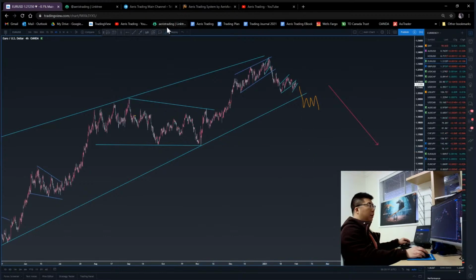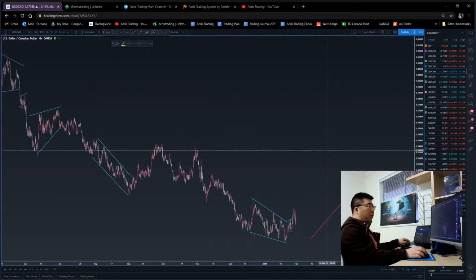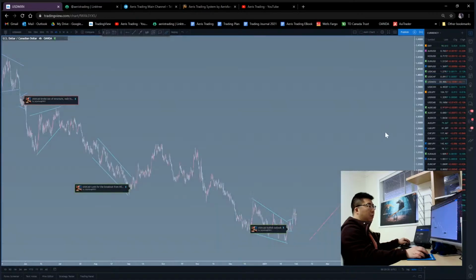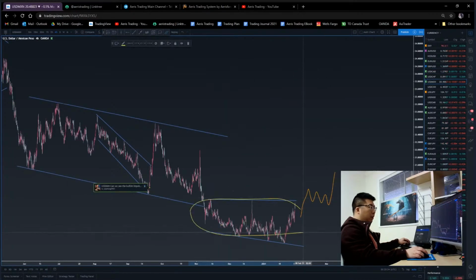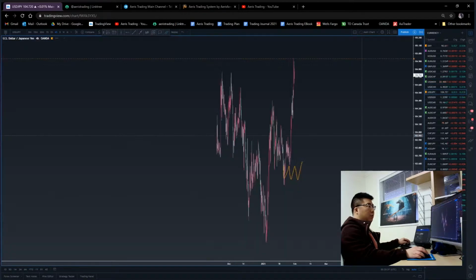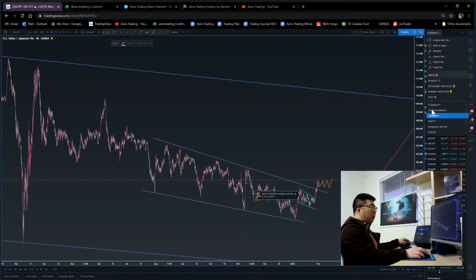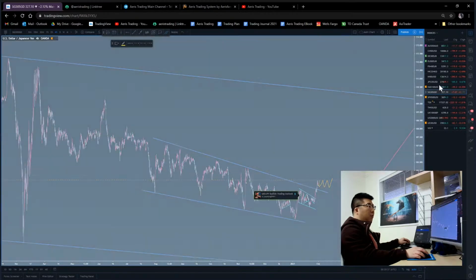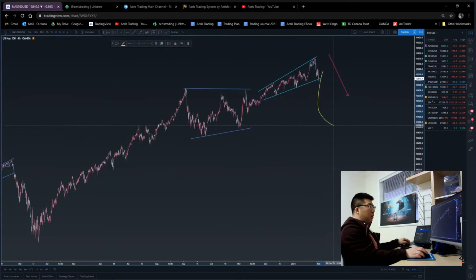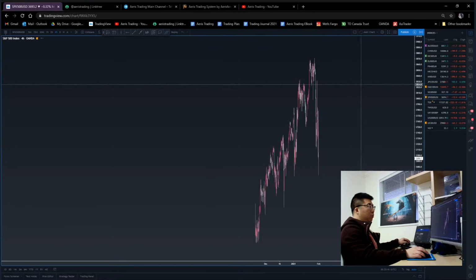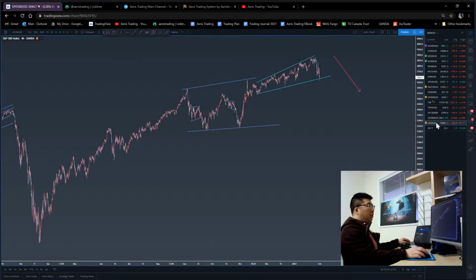I think dollar CAD is also looking very clean for that. All the dollar pairs are in the beginning stage of development. Dollar yen too. So most of the dollar pairs are looking very clean to me, and I do have a bias for dollar strength. And usually when dollar strength comes in, most of the U.S. indices and equities are going to decline, right?